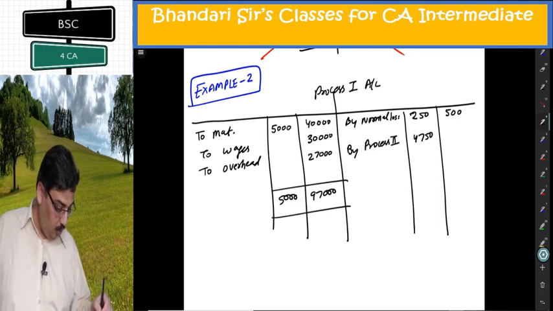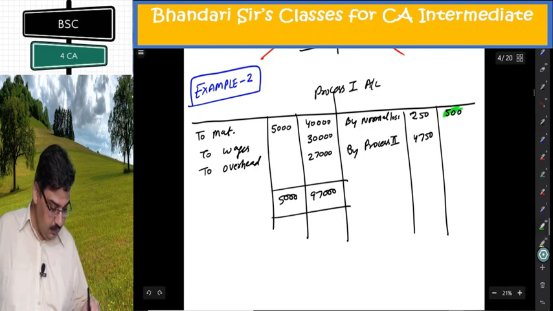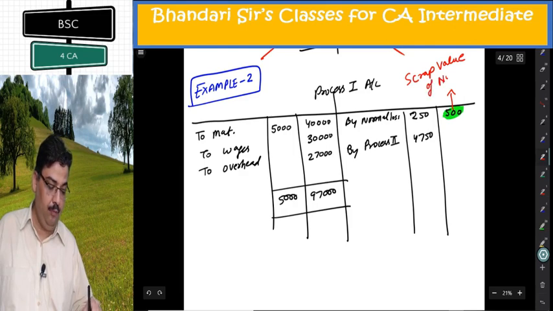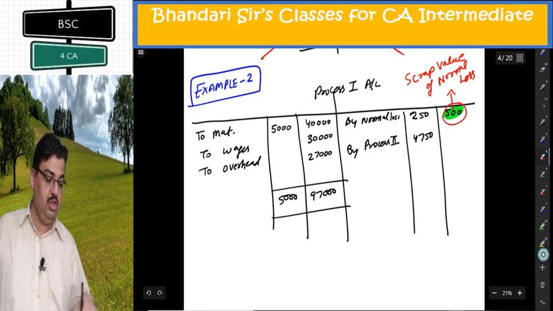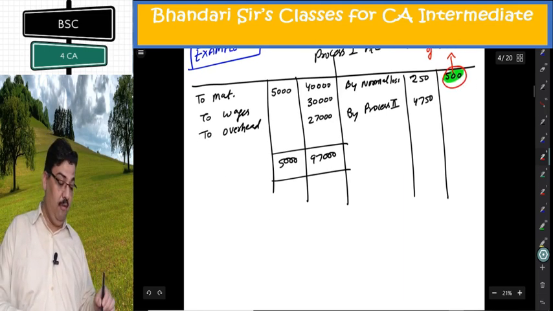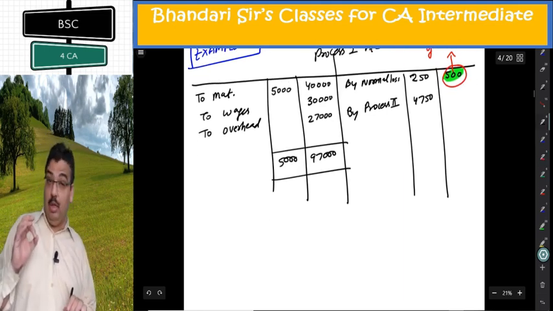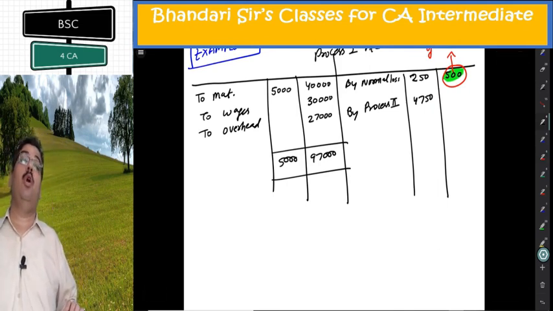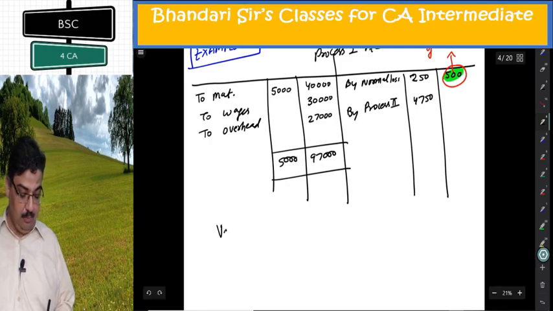This is the different thing that you need to remember: I need to always put here the scrap value of normal loss. But it changes everything. It changes the valued cost. While computing valued cost, we do consider scrap value of normal loss. So, valued cost per unit.